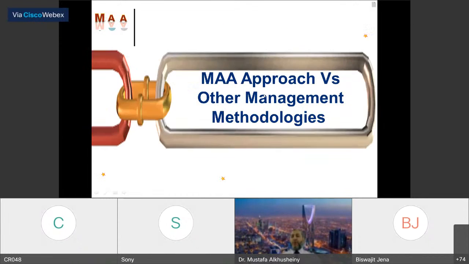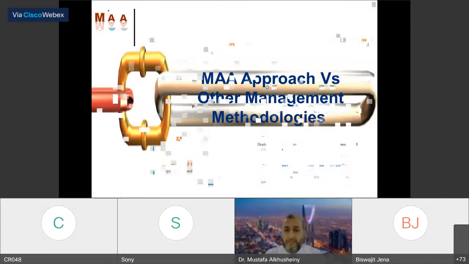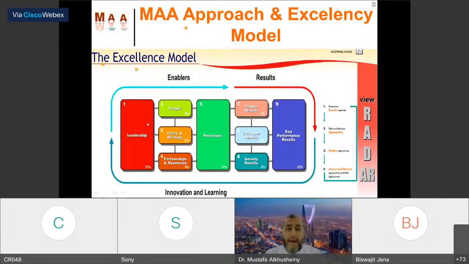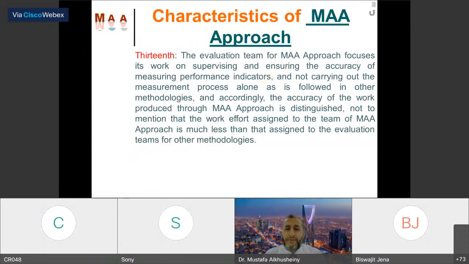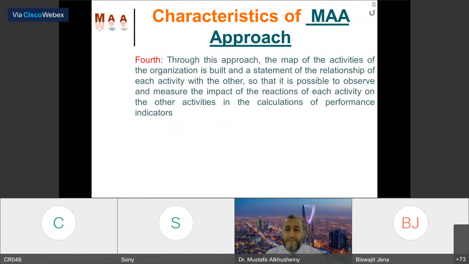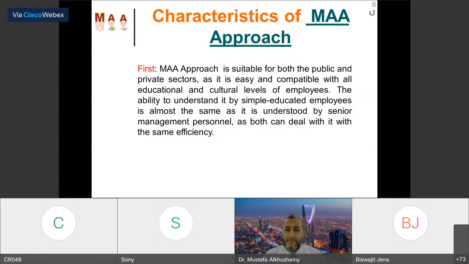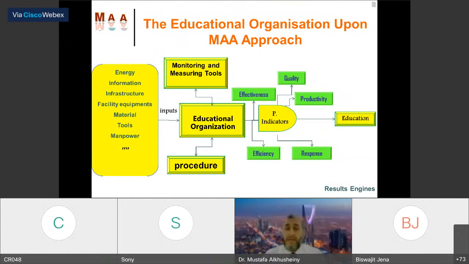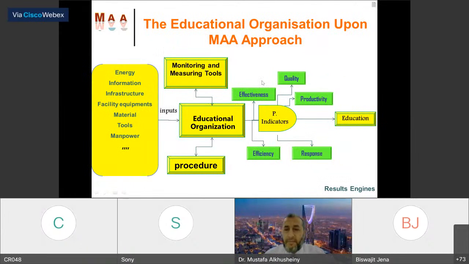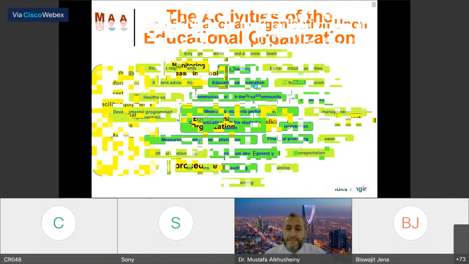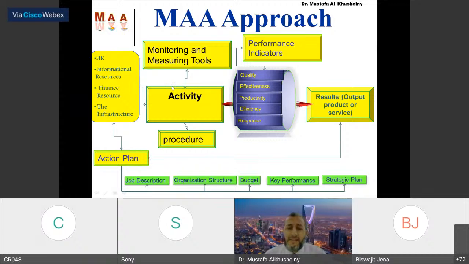Now, my approach. When we look at the excellence model and compare it with my approach's structure, it already covers the core of that model, because it focuses on the key performance and the activity itself, which is the process.